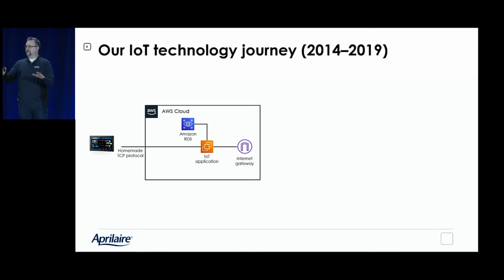I'll go through this somewhat quickly, not to get into too much detail, but for those familiar with the AWS icons, we basically started with devices talking to a hosted application and a database hosted by AWS. And through our success, we grew.